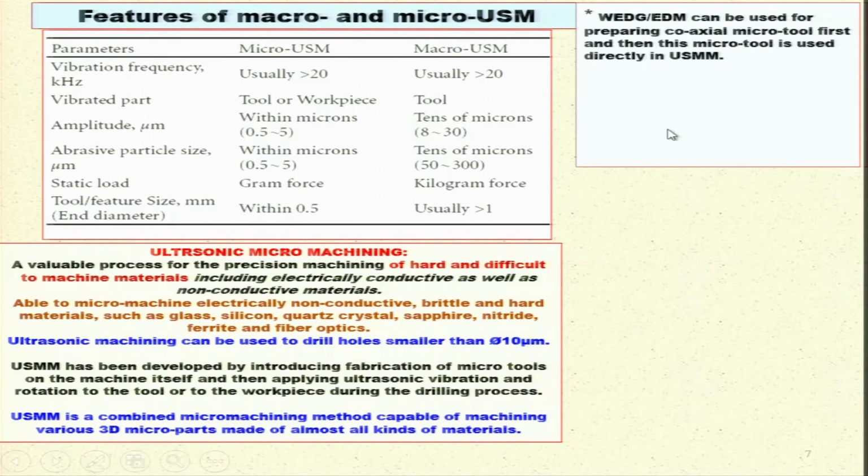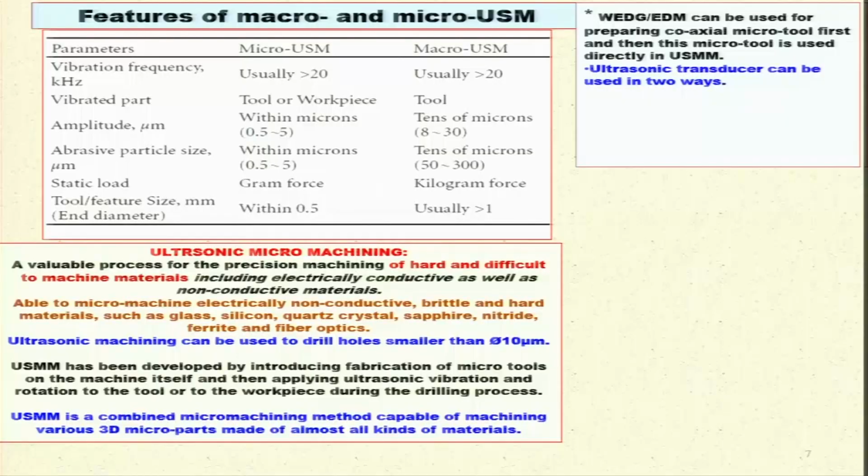Wire EDM process can be used for preparing a coaxial micro tool first, and then this micro tool is used directly in ultrasonic micromachining. Normally we avoid transferring this micro tool to some other machine tool because dimensional problems and coaxiality come into the picture. Ultrasonic transducer can be used in two ways.